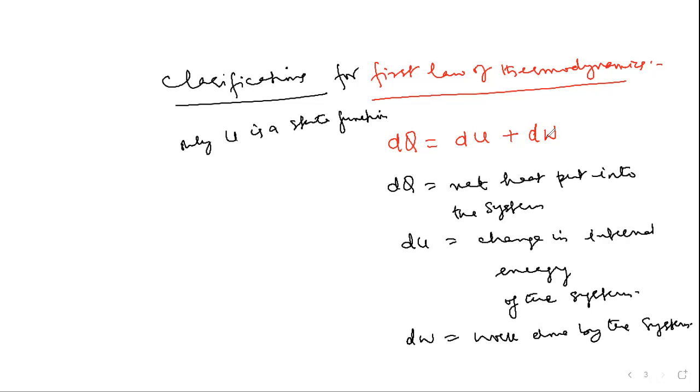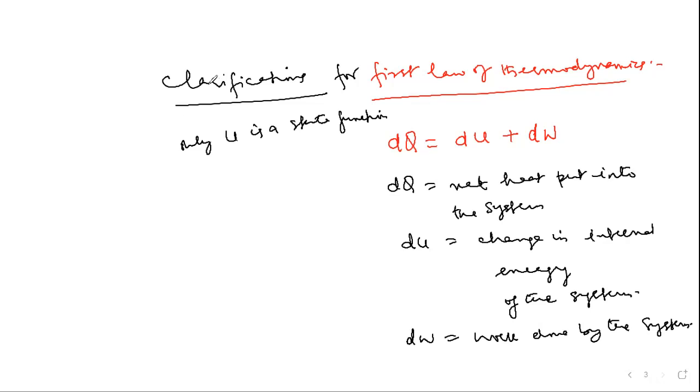Positive W means work done by the system and negative work means work done on the system. So we said this is simply a statement of conservation of energy, which says if we put some heat into the system, it will be used by the system partly in changing its internal energy and partly in doing work, right?